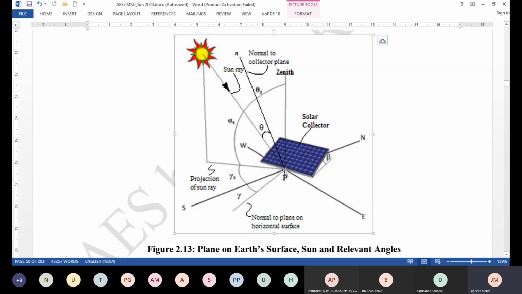when you draw a line which is perpendicular to this, then it is the normal to the horizontal plane, right? And this normal to the horizontal plane, if you have kept your collector exactly facing the south, then this line will coincide with the south line, right?